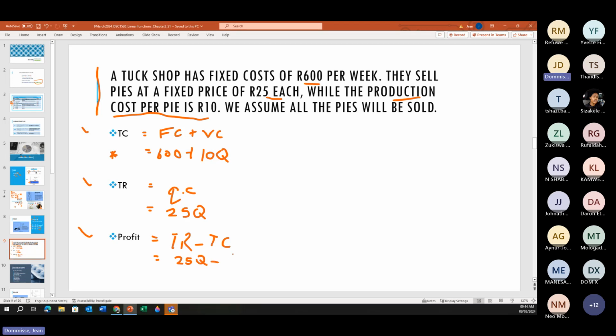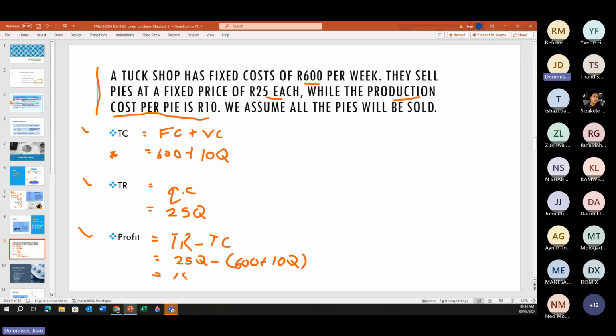We've got total cost. Remember, important when you write this down, just remember the maths behind it, that it is minus and for brackets. Again, what might happen in your multiple choice is that they do this.